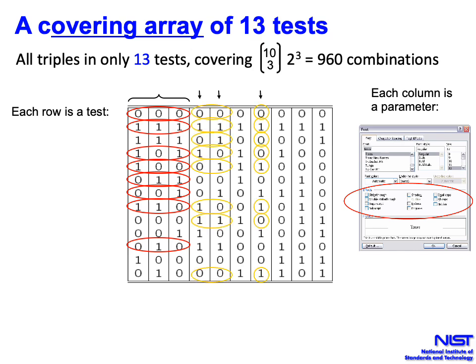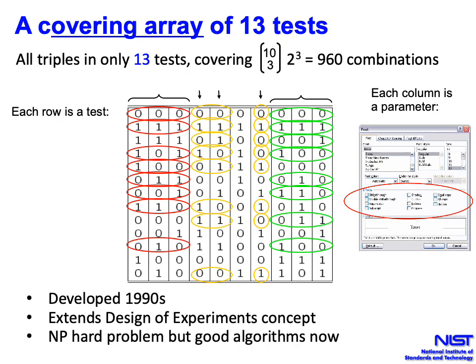And we can do the same with any other set of columns, inside out, left to right. Any way we want to choose them, we cover all 8 combinations. The math behind this was developed in the 1990s. It is a hard problem in theory, but for practical size problems, the algorithms that are available today work very well.